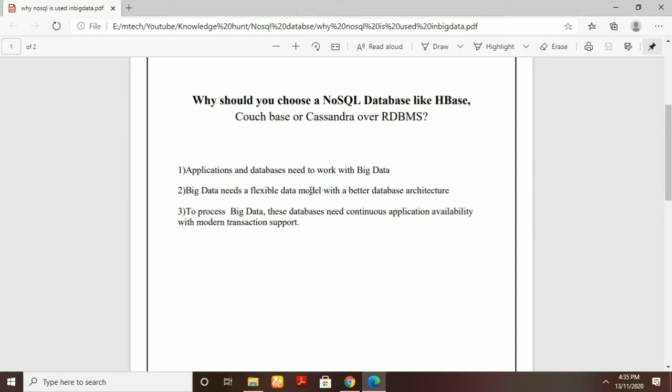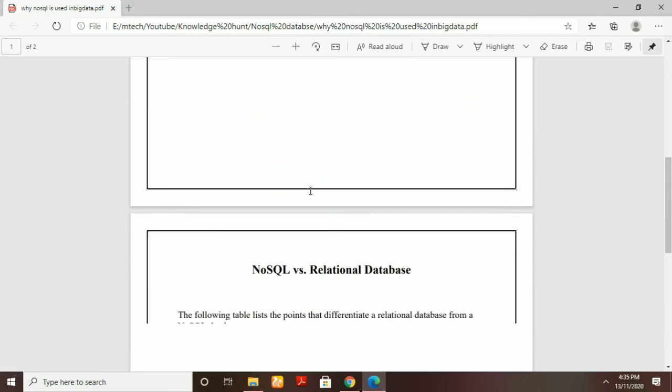To process big data, these databases need continuous application availability with modern transaction support. Real-time streaming should be possible with the database, and the data should be available continuously, with great transaction support. These are some of the reasons why we choose NoSQL instead of SQL or the traditional databases.